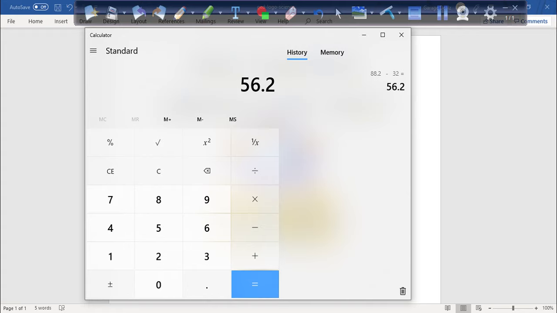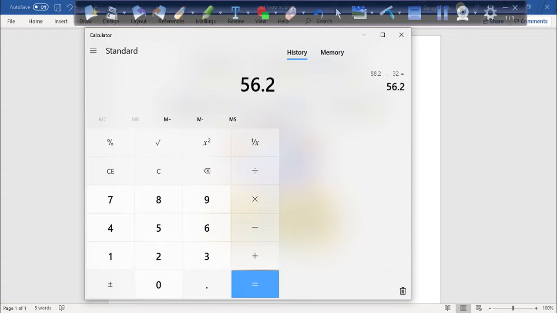So all we did was, it says C equals 5/9 times whatever the calculation is inside those brackets. So you got to calculate what's in those brackets first, right? And we know once you go 88.2 minus 32, it's 56.2.